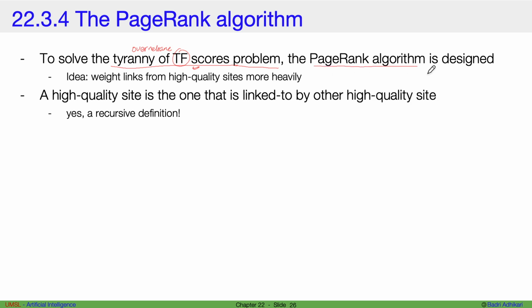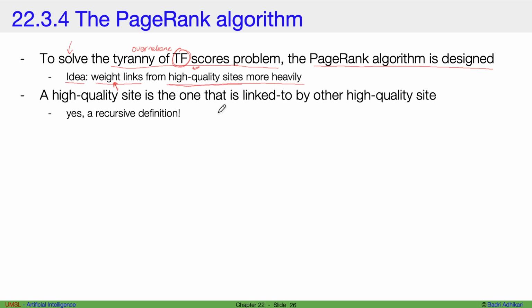So the core idea behind the PageRank algorithm is that you weight the links from high quality sites more heavily. So we still count the inlinks, but we give higher weight to inlinks from high quality sites.